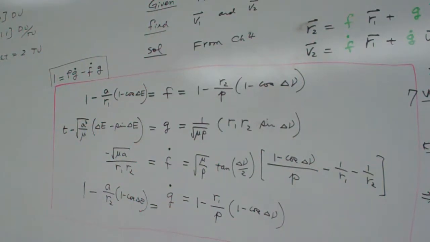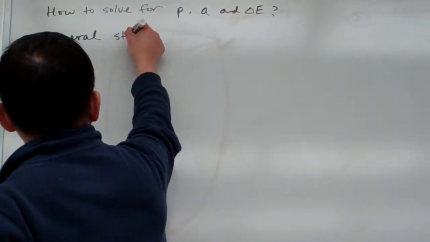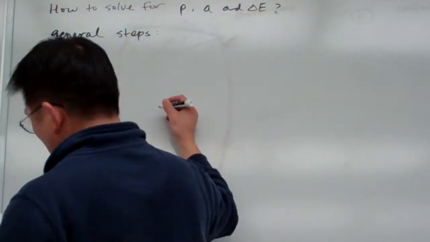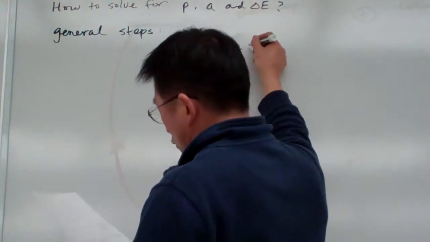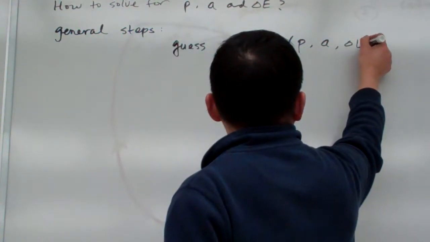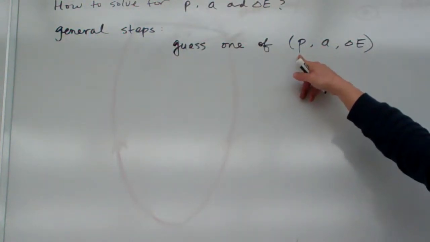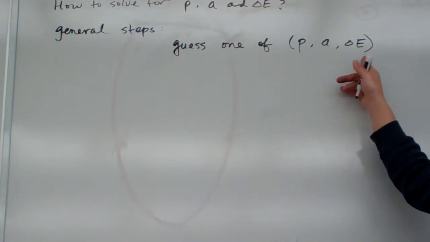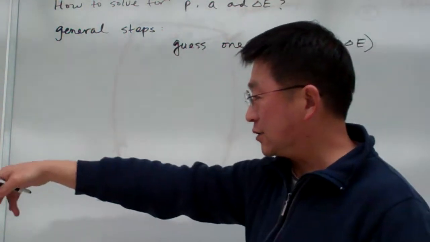So here, let me think through the process. The general step is this. We guess one of the P, A, E, an arbitrary value. For example, we guess P, then we solve for A and delta E. Solving for A and delta E is through iterations.